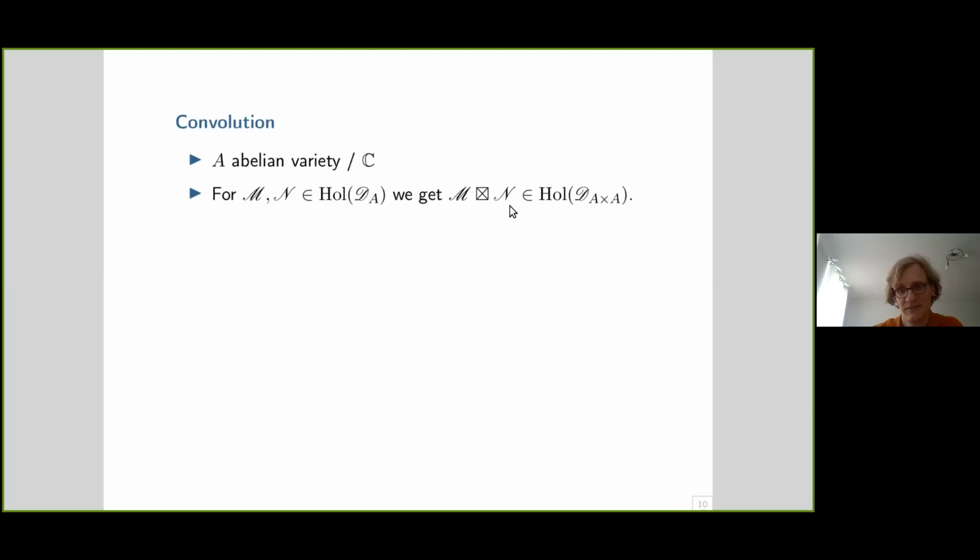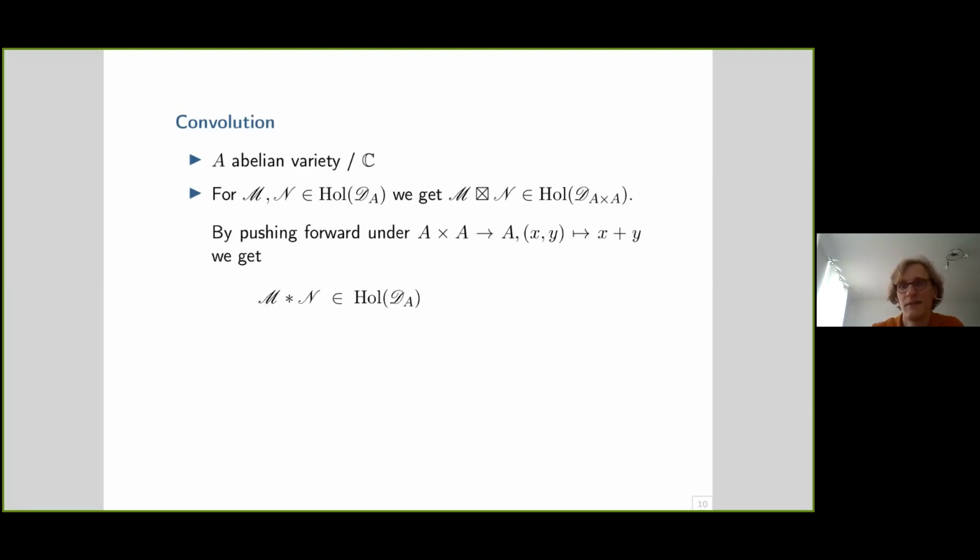So you pull back via the two projections and then take the tensor product of D modules. And then this you can push forward under the sum map because A is a group variety. And then you get again a D module on A, and this is called the convolution of the two things, M star M'. So this is abstract nonsense.